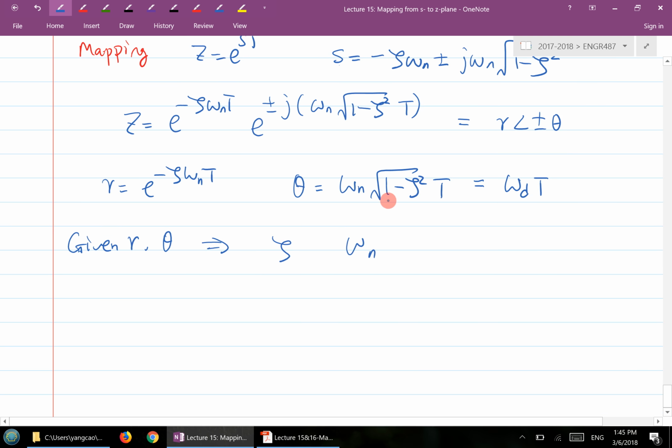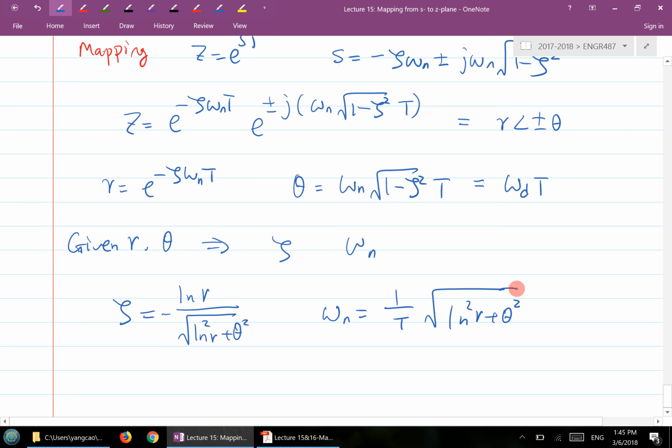Based on these two equations, we can calculate zeta to be negative ln r over the square root of ln r squared plus theta squared. And omega_n can be calculated to be this much. This is very important.